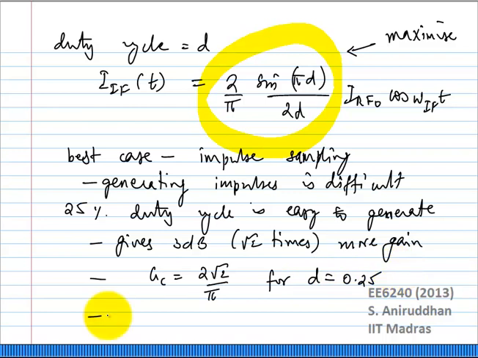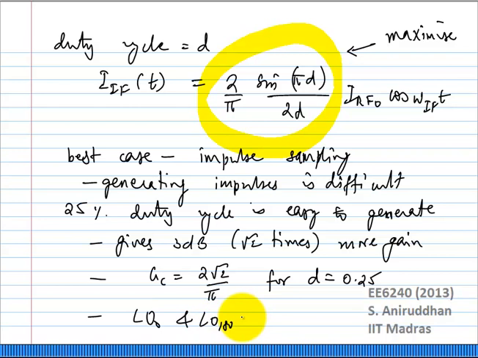So this also has another advantage. The 25% duty cycle has another advantage, which is, with 25% duty cycle, you will find that the LO waveforms are non-overlapping.